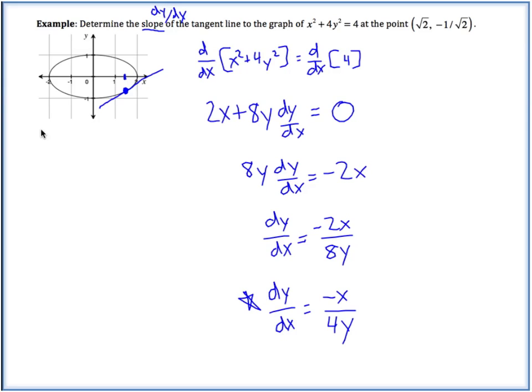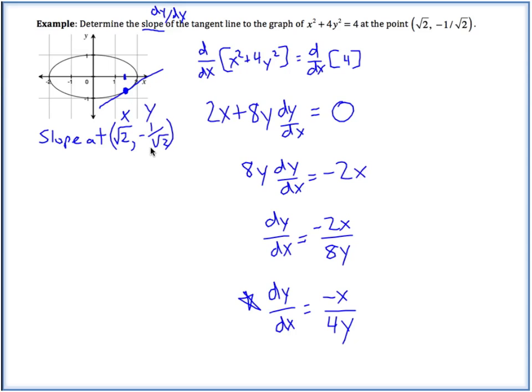Now, what we're looking for is our slope at our point square root of 2, comma, negative 1 over root 2. Now notice in this case, since our derivative has an x and a y, we actually need both the x and the y.